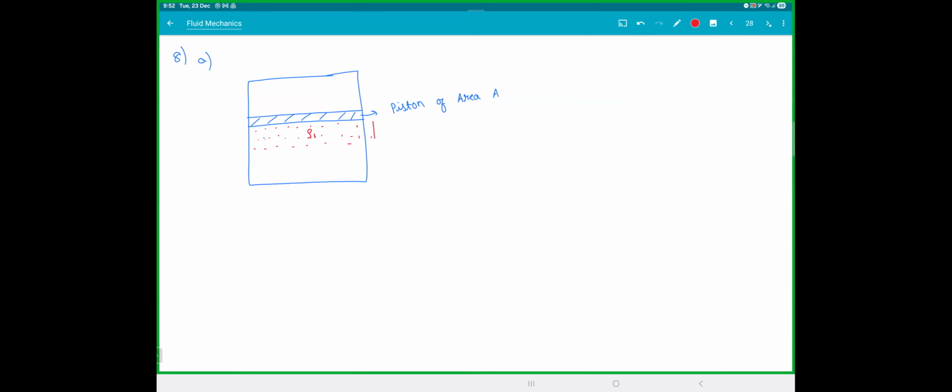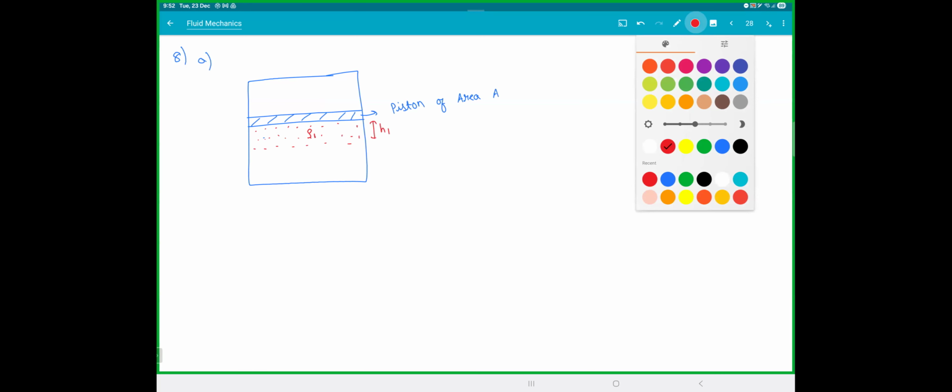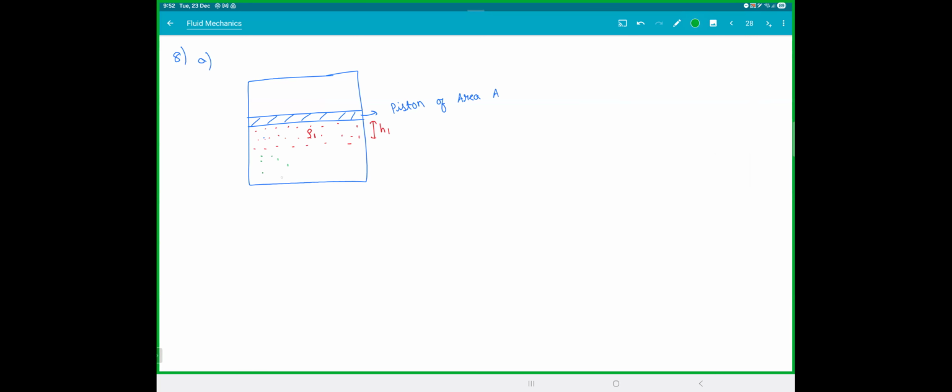Density rho 1, height h1. Rho 2, height h2. On top of it, you kept a block of mass m. And this space here has a pressure of 3p0. This is point A at the bottom. The whole thing is a sealed container. Find the pressure at A.